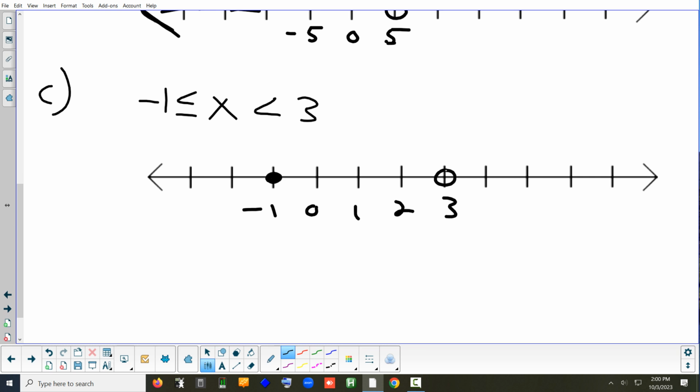And where do I shade? This is the interval between -1 and 3, so it's everything between. With conjunctions, usually you shade between. If you have an "or," which we'll talk about, you usually end up shading in opposite directions. Any question on writing an inequality as a graph?